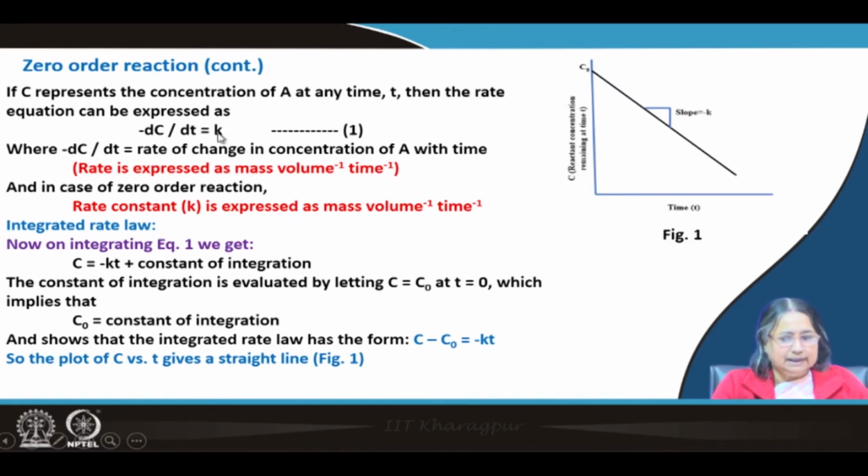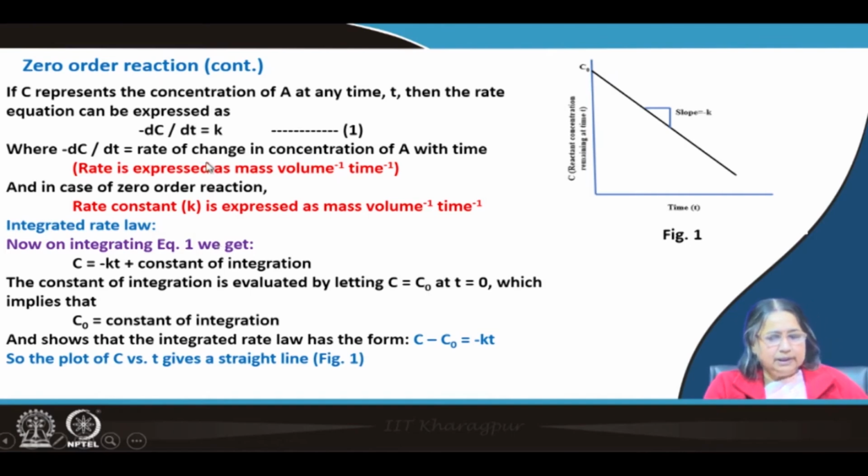The rate constant, in this case, is the same as the rate, so for a zero order reaction the rate constant has the same unit as the rate. Now, the integrated rate law is easier than the differential rate law to visualize and to apply.